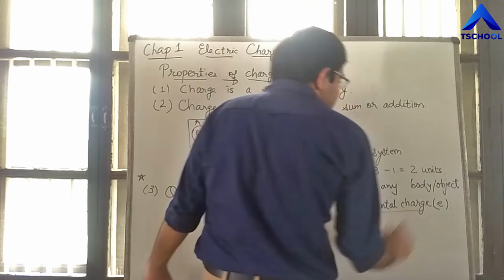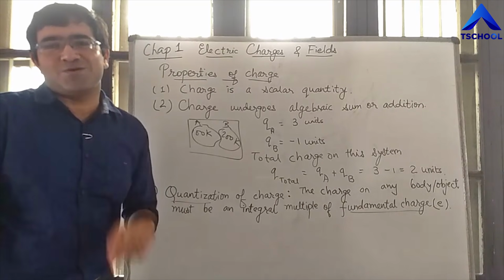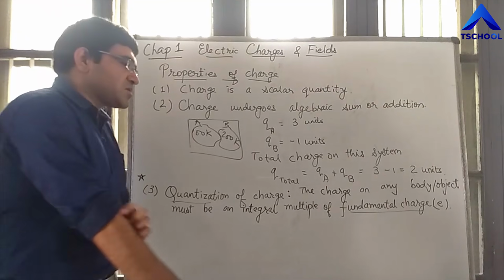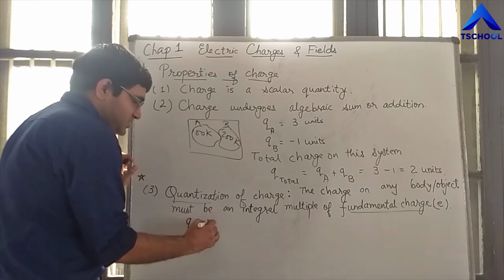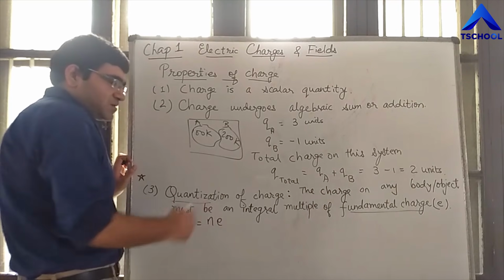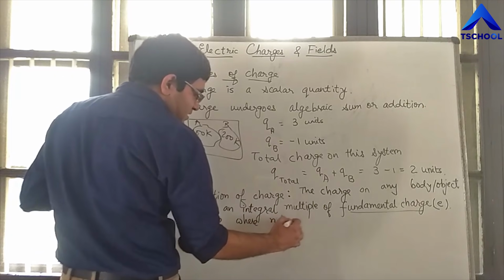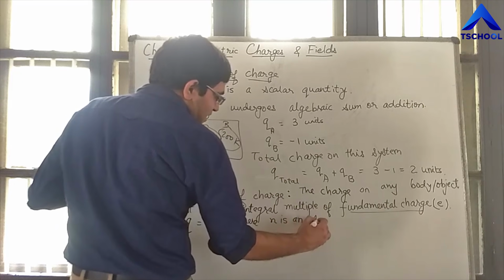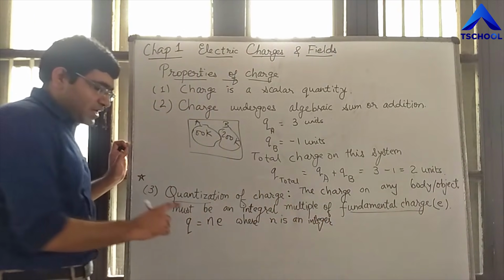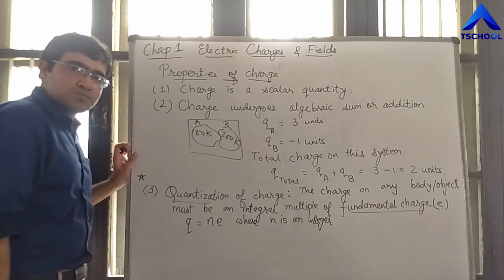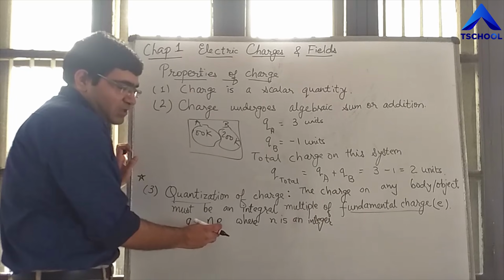It is e, the magnitude of the charge of an electron. So this whole thing can be written in the form of a mathematical equation, q = ne, where n is an integer. It can be 0, no problem. For example, a neutron has 0 charge, it's neutral, neither positive nor negative.